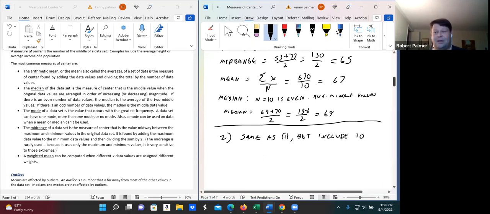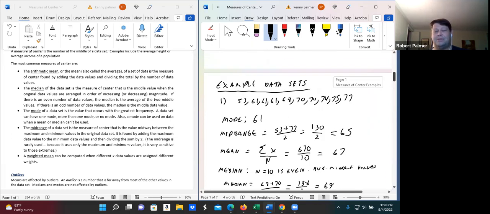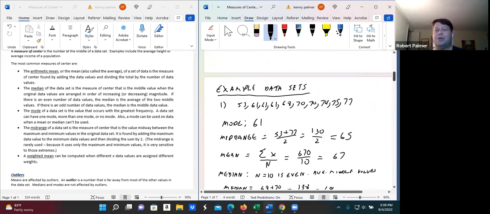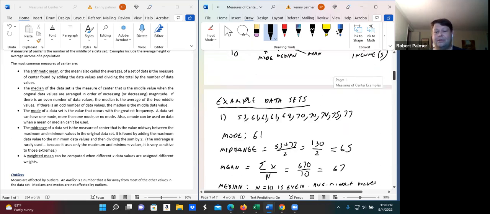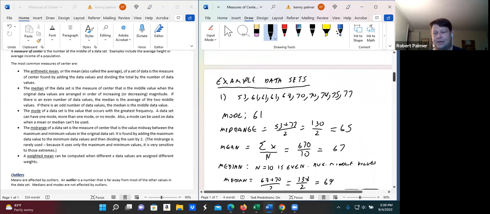So if this was a set of exam scores or test scores, then maybe someone had a really bad day and got a 10. Let's see what effect that has on our data set. So once again, we have the same data set, except now it also includes the value of 10, which should be down at the bottom.